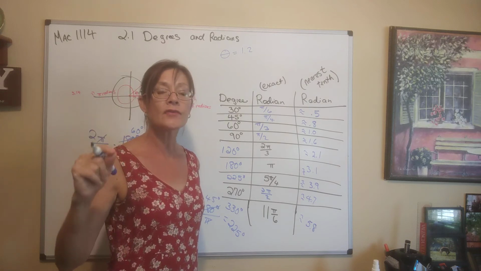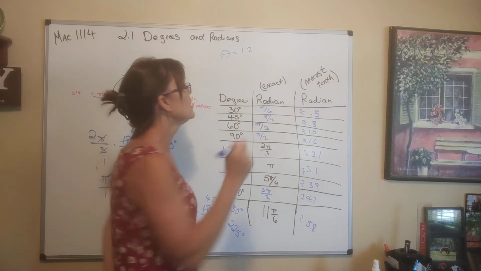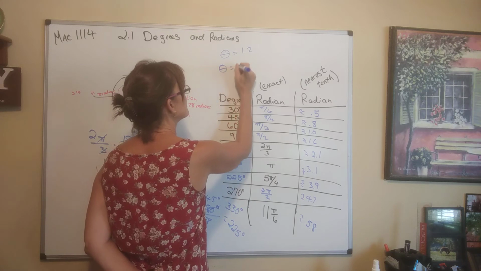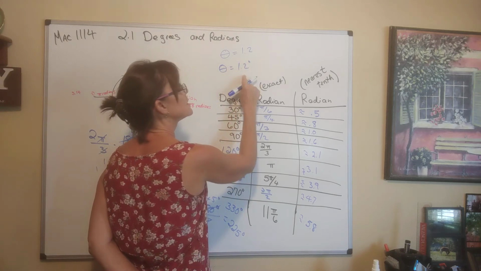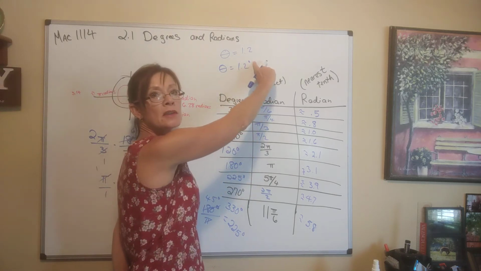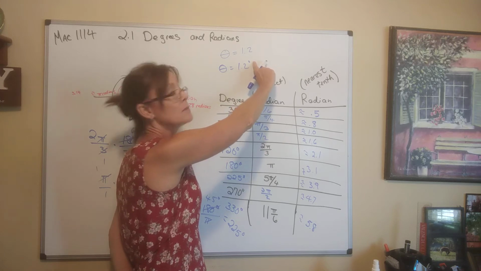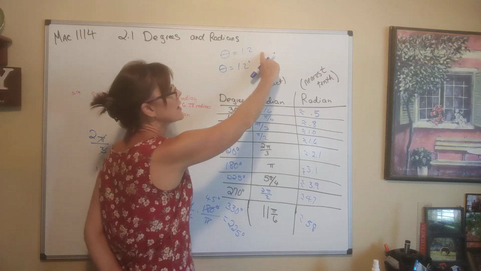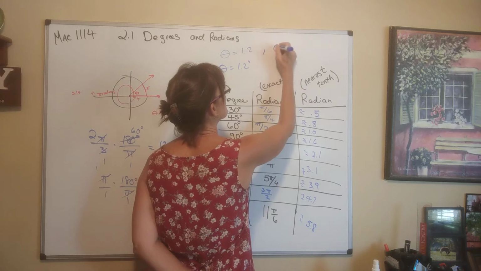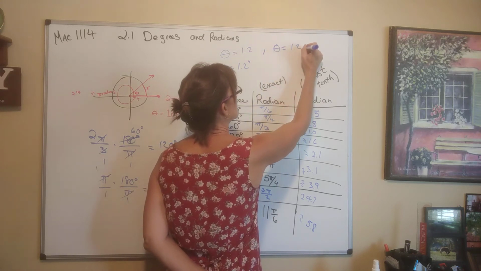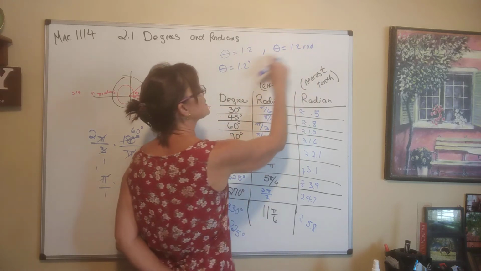The lack of the degree symbol means it's in radians. If they say theta is equal to 1.2 degrees, this is in degrees. Degrees will always be indicated by the little degree symbol. If this means radians, this also means radians. This is equivalent.